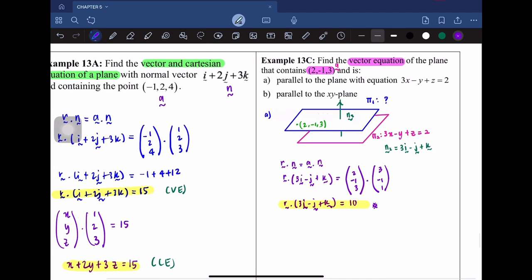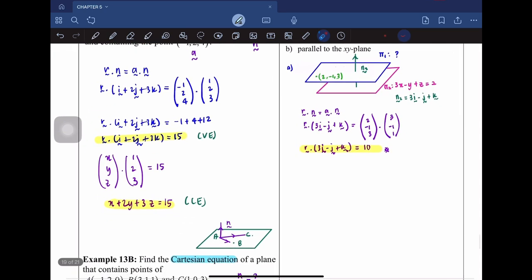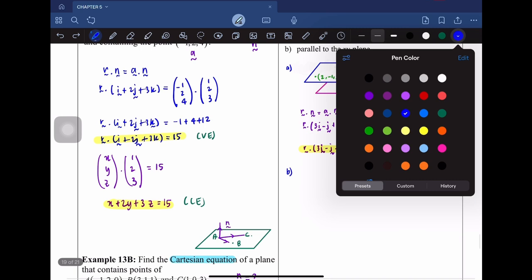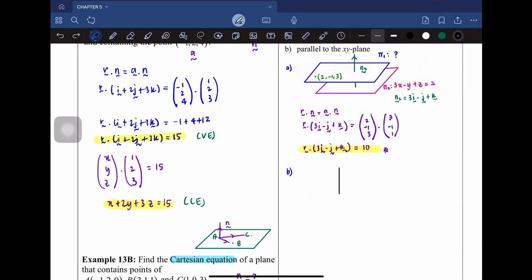Okay, now let's look at part B. So again, we have the plane with a fixed point. So now our plane is parallel to the xy plane. Okay, so it's the same condition, but this time it is parallel to the xy plane. Okay, so remember that we have learned from 5.1, let's say I have 3 axes, x, y, z.